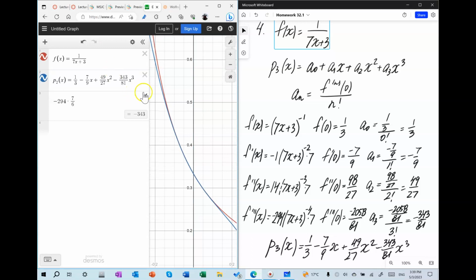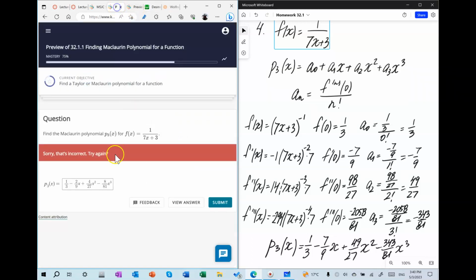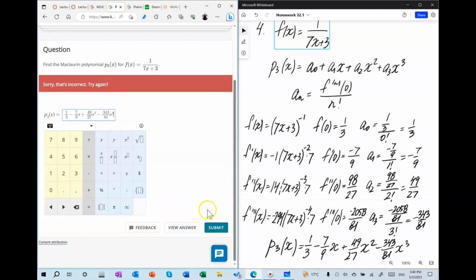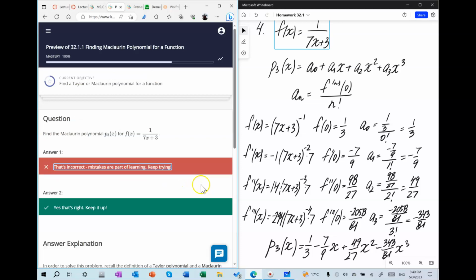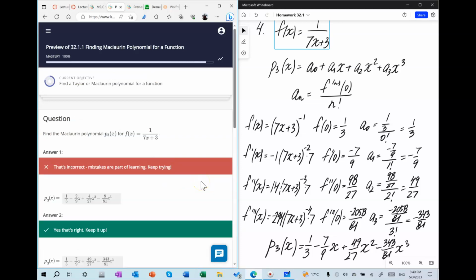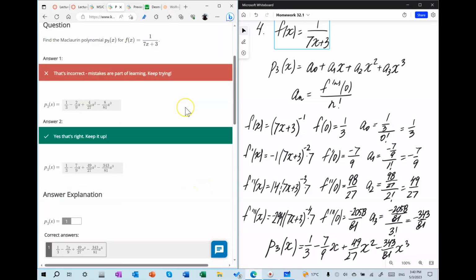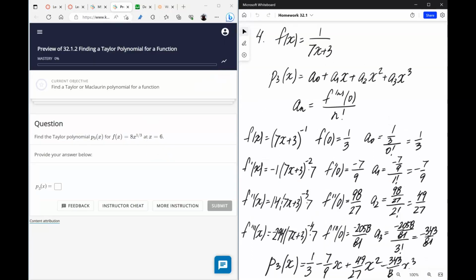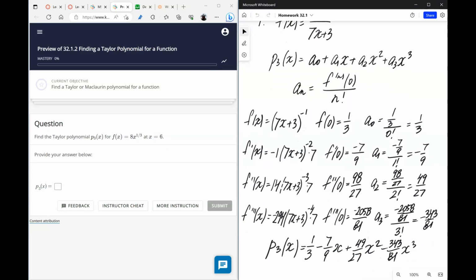So let's now copy it again. And this time we got it right. So this was the first part of the homework. And now let's go to the second part of the homework.